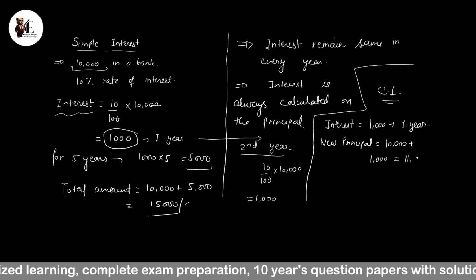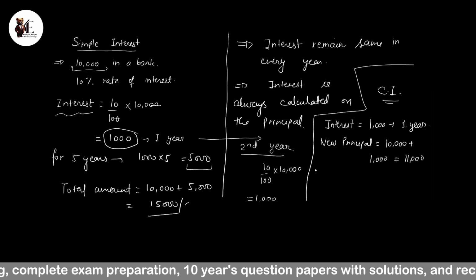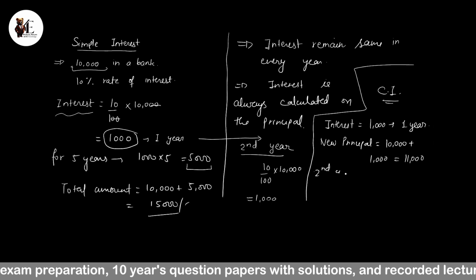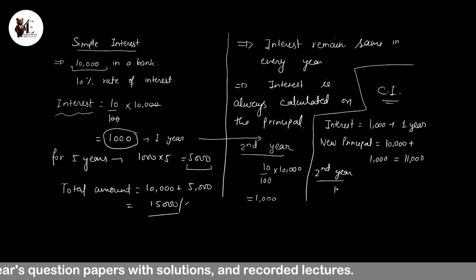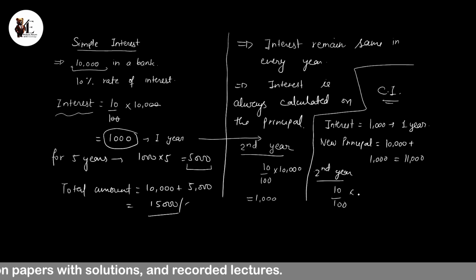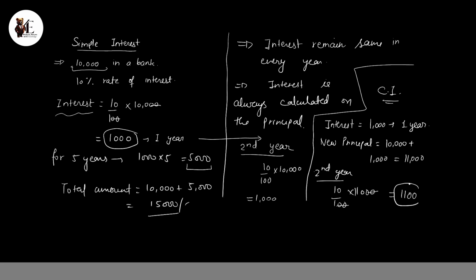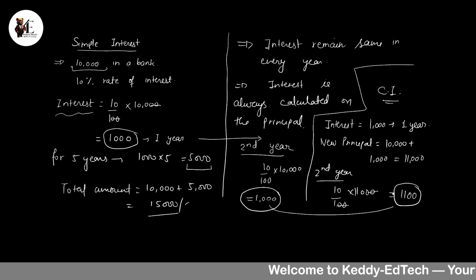And now for the second year, your interest will be calculated not on 10,000, but on 11,000. So 10 over 100 into 11,000. So these two zeros will be cancelled out. So it will be 1,100. For simple interest, you are getting 1,000 in the second year, and in case of compound interest, you are getting 1,100 in the second year.